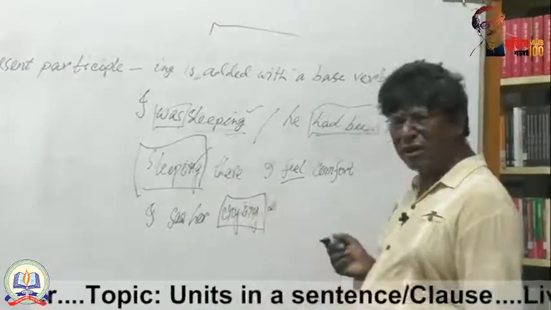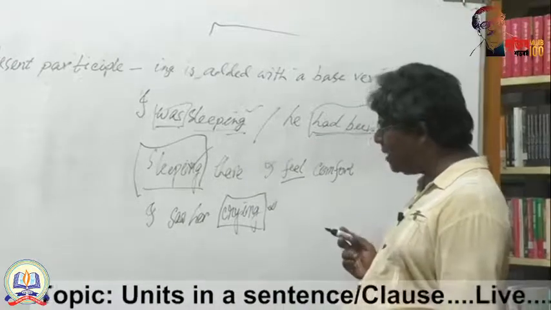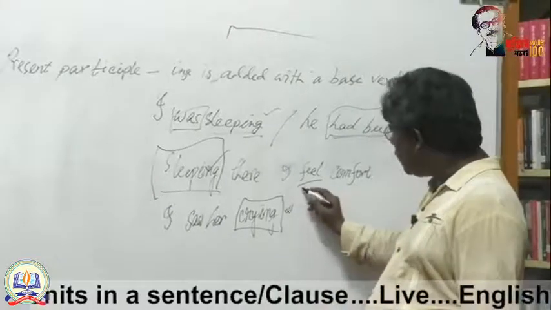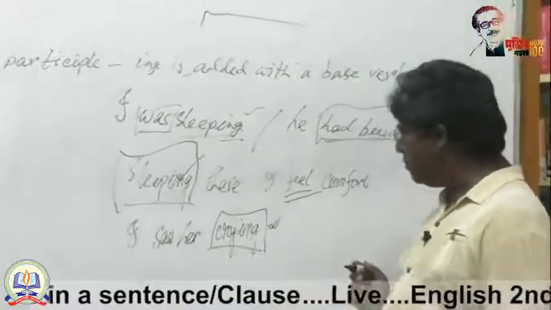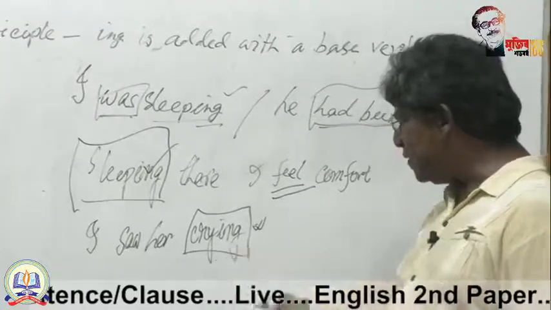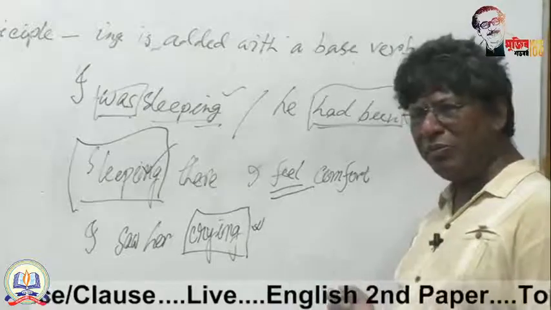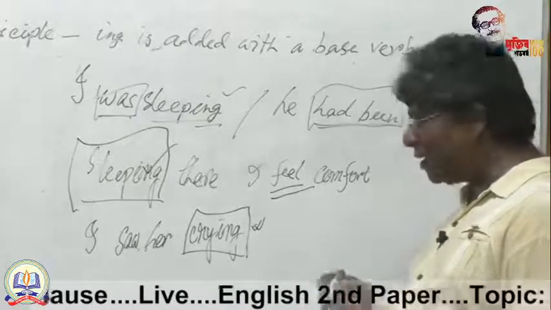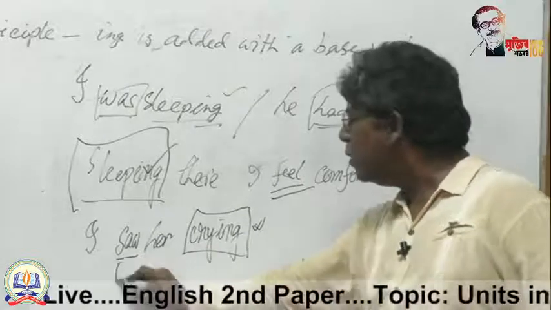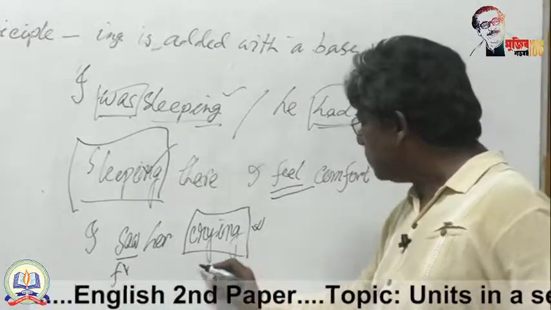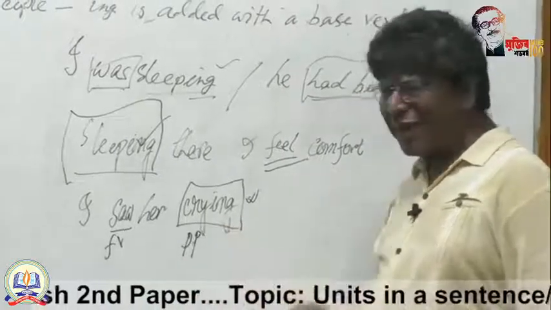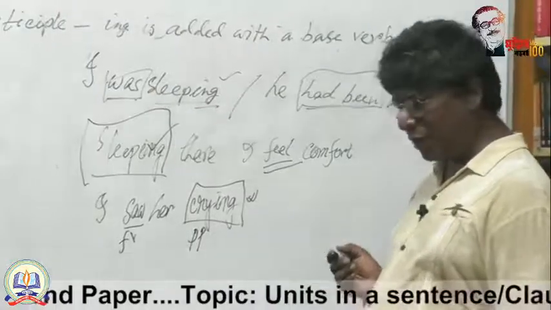The function of sleeping takes place before the finite verb feel. Similarly, I saw her crying expresses the idea that both the finite verb and the present participle take place at the same time.